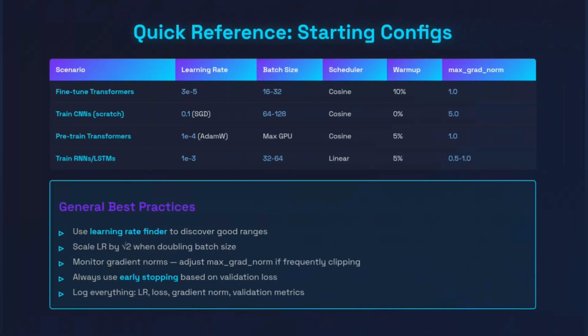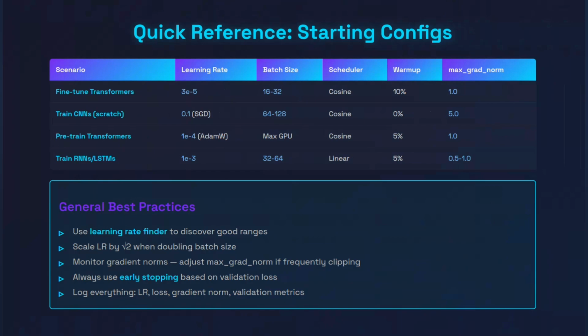Here's a quick reference for starting configurations based on common scenarios. For fine-tuning transformers, learning rate 3e-5, batch size 16 to 32, cosine scheduler with 10% warmup, and max grad norm 1.0. For training CNNs from scratch, learning rate 0.1 with SGD, batch size 64 to 128, cosine annealing, and max grad norm 5.0.